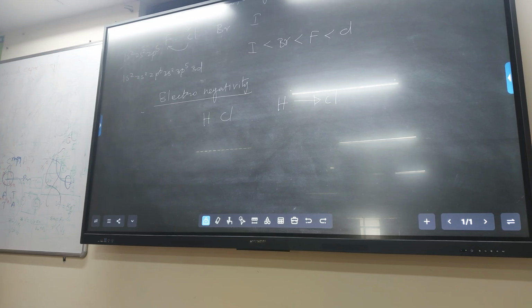Polarization itself has many aspects: induced polarization, and normal polarization.